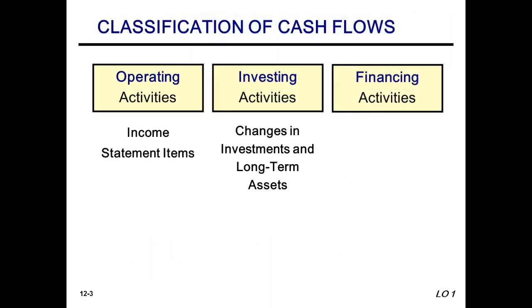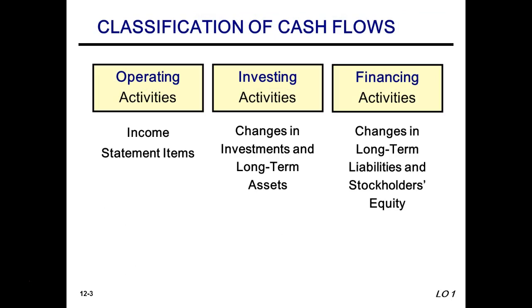The statement of cash flows is organized into 3 sections. What's critical to understand is what bucket transactions fall into. Is it an operating activity, an investing activity, or a financing activity? And we're trying to think, is it a cash inflow or a cash outflow?